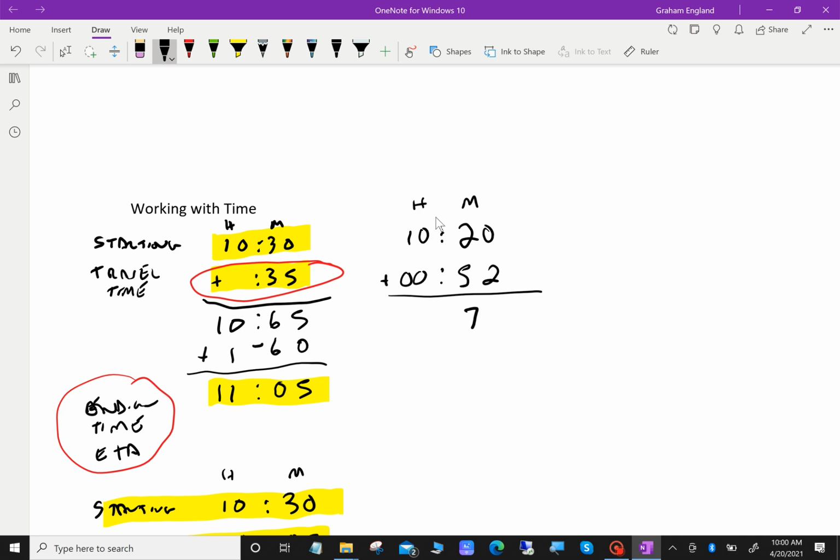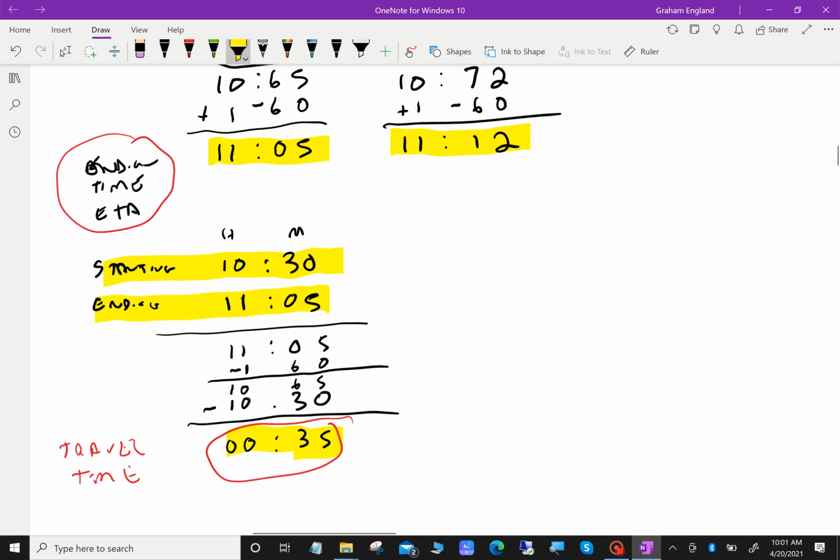That comes to 72. So we would arrive at 10 hours and 72 minutes. Well, nobody talks like that. So we subtract the 60, add 1, so it's 11:12 is the time that we arrived.